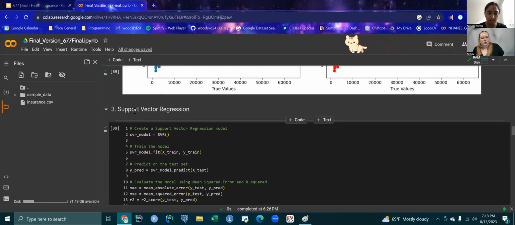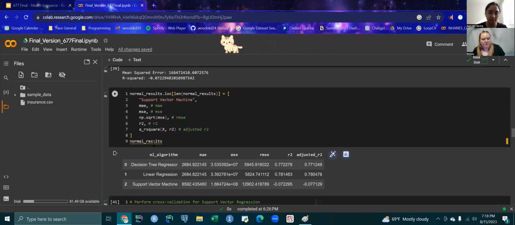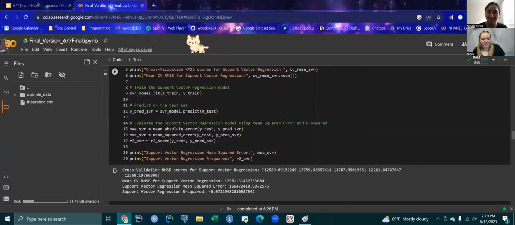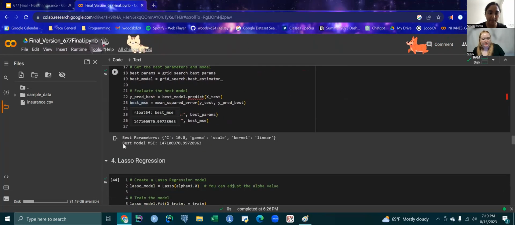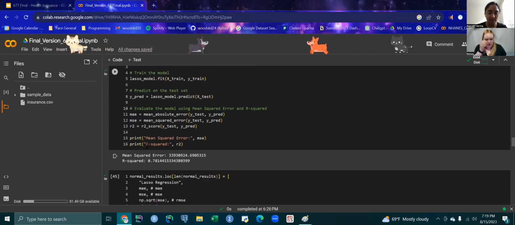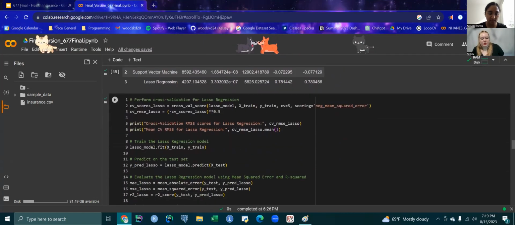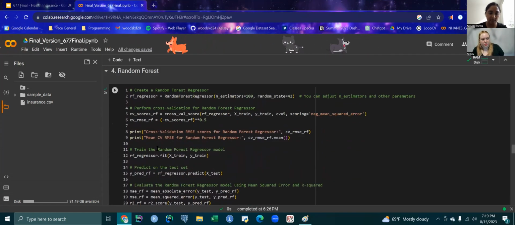We did the support vector regression as well. Did the same thing basically over and over again to get what we got. And then here are the best parameters, best model, MSE. Basically just kept doing it over and over again to see what kind of values we were getting, and did it with the random forest.